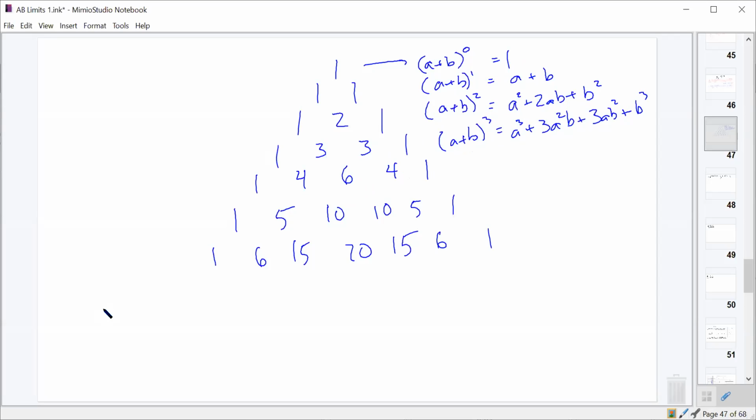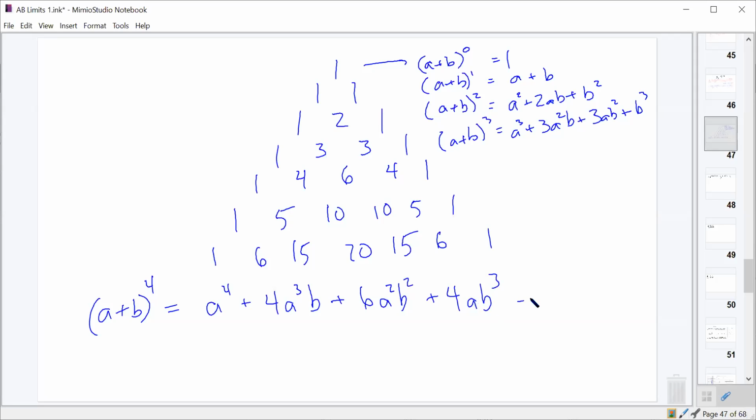So the next one, a plus b to the fourth, ought to be a to the fourth plus 4a cubed b plus 6a squared b squared plus 4ab cubed plus b to the fourth. Good or no?